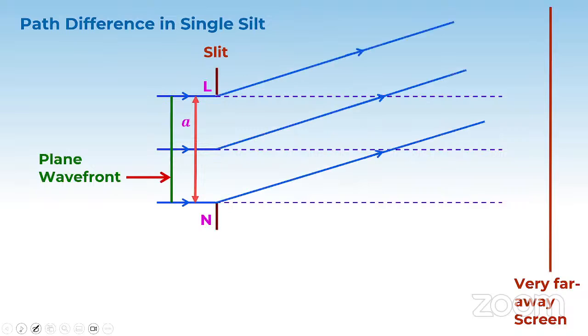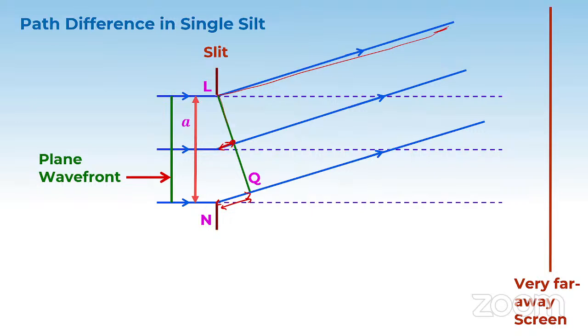Now, according to the theory, the light bends from the corner of the slit. So, if you see, the path of this ray is going like this. But at the same time, this ray has started this distance later, which means there is a path difference between L and N. Got it?